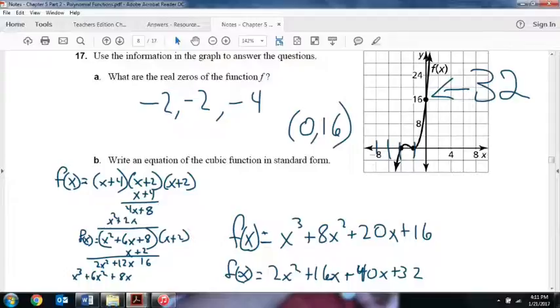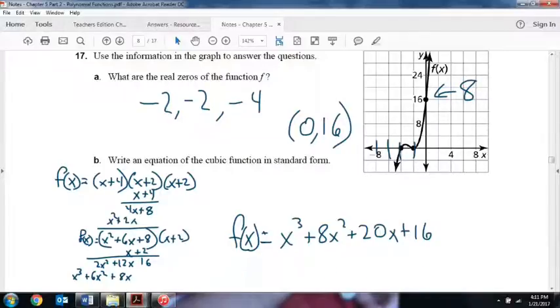Let's say it crossed at 8. Well, in that case, you have to divide everything by 2. So instead, you would now have f of x equals 1/2 x cubed plus 4x squared plus 10x plus 8.